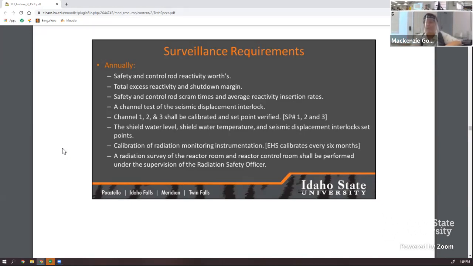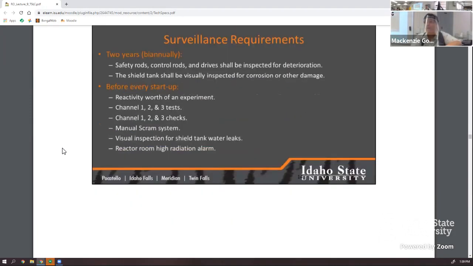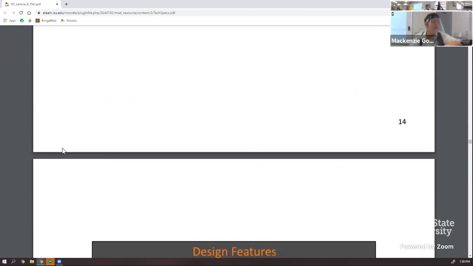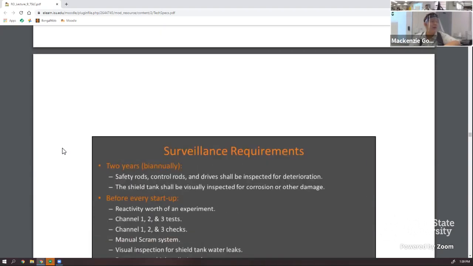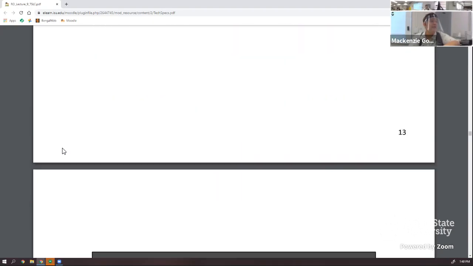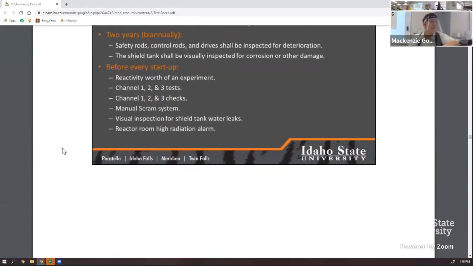And especially because there's so few. But there's already quite a few things that I told you absolutely do have to have memorized. This is something where you need to know where to look. Okay. And then Sam, you had asked the question about how often, right? So annually, biannually, before every startup, right? There's the different ones.